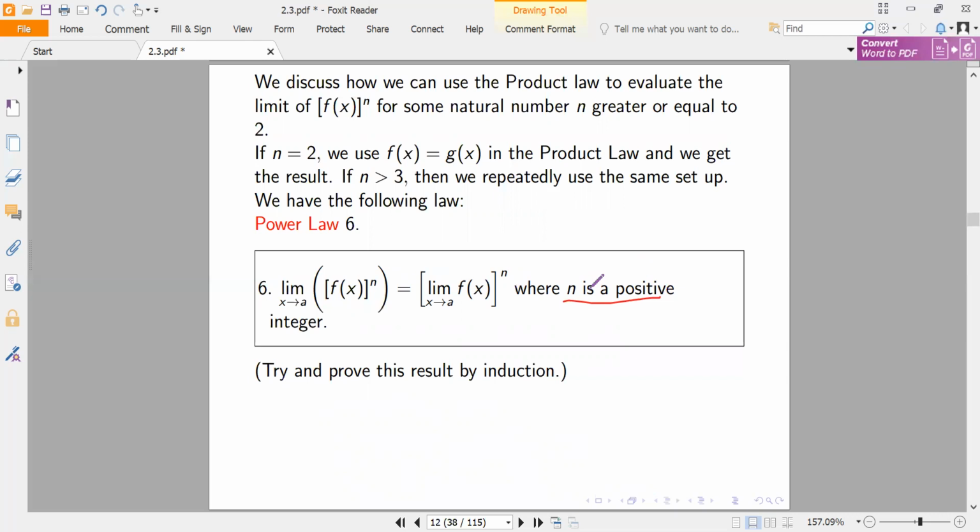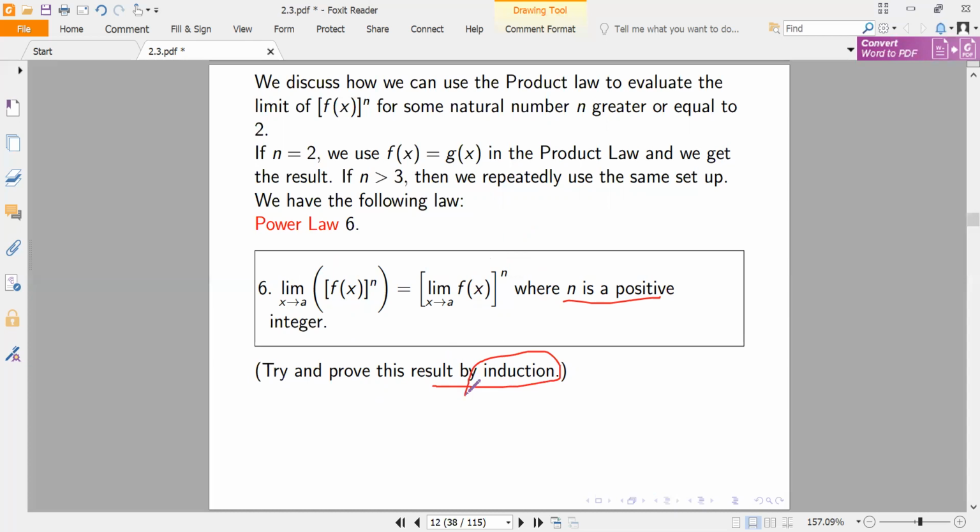And if it goes to the denominator, it means there is a chance of the limit not existing, especially if the limit of f of x was going to 0. So it might not exist. So for the limit to exist, we need n to be a positive integer. To be able to prove this, because remember we're doing maths, there is a proof that is called induction.